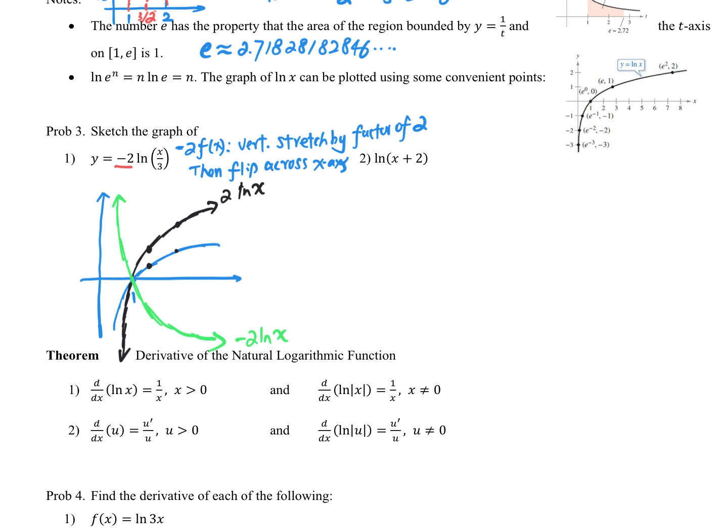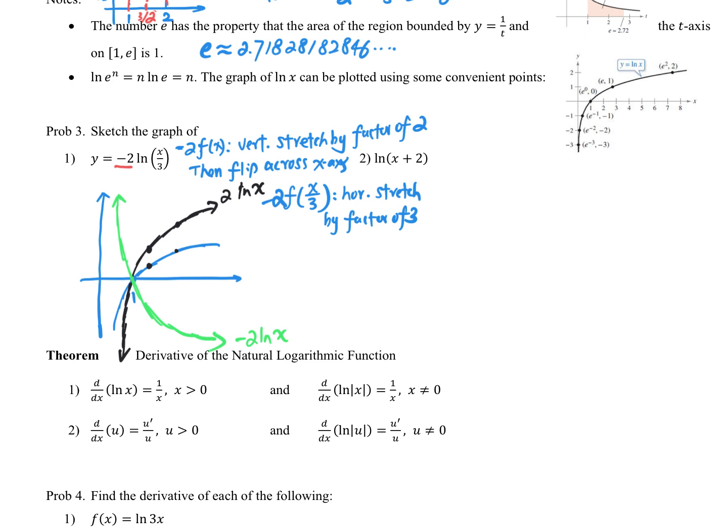Now finally, this x over 3 inside here. Just to quickly remind you, f of x over 3 means a horizontal stretch by a factor of 3. Of course, we still have the negative 2 in front. So we will do a horizontal stretch on this green line, which is the negative 2 ln x.